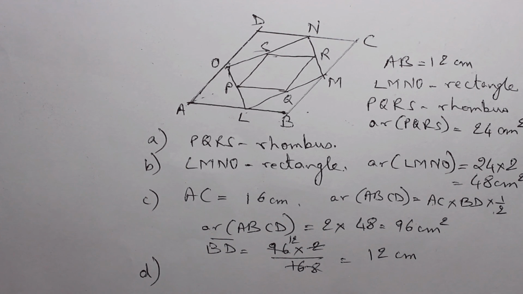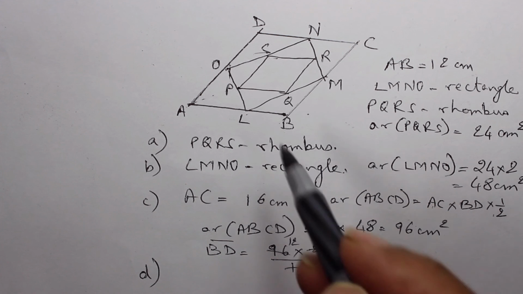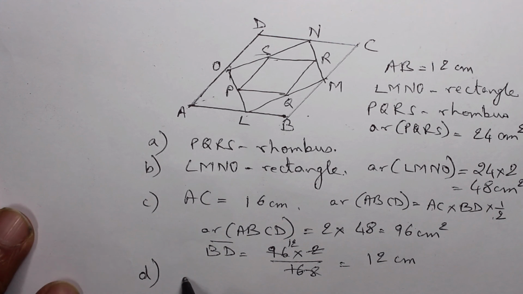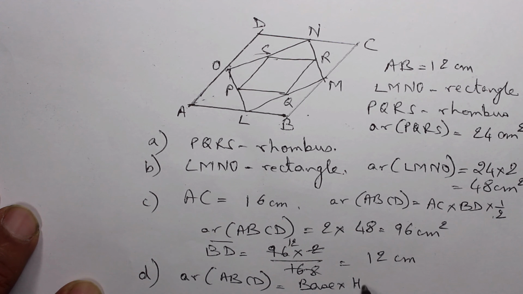So part D, what we want is the height of this rhombus. So we want to know this height, right? So there is another way of calculating the rhombus area. So area of ABCD is base into height.